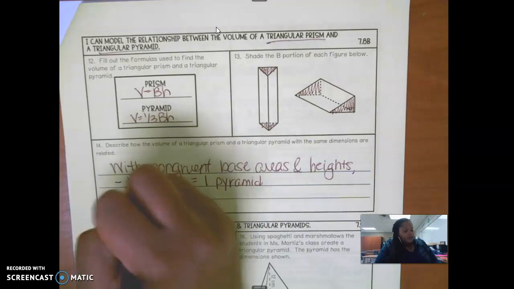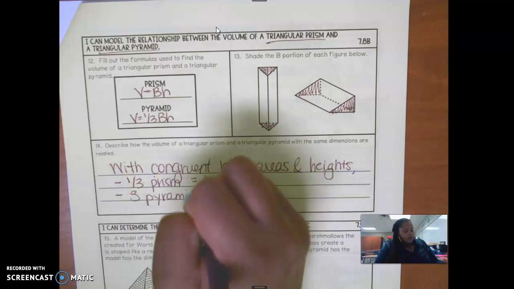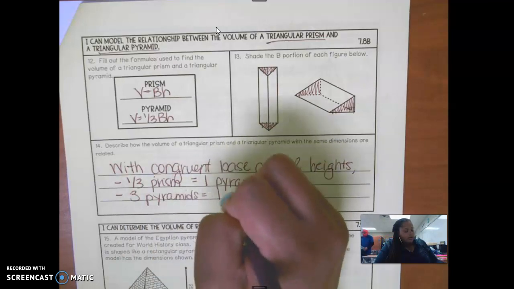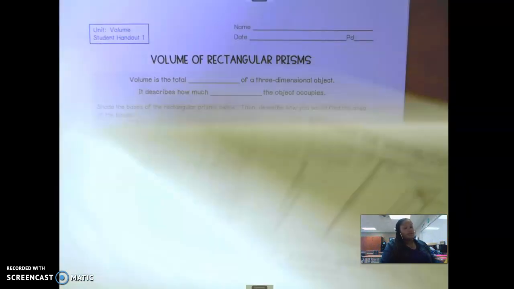And vice versa, 3 pyramids equals 1 prism. Let me make sure that I wrote that correctly on the other side. Yep, 3 pyramids equals 1 prism. Okay, just double check.